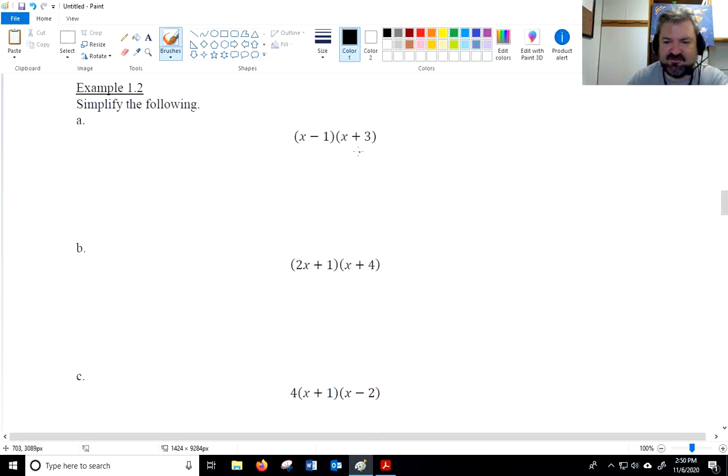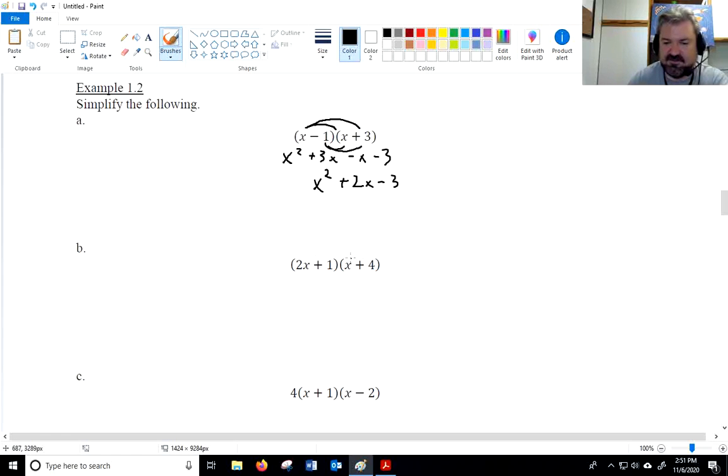All right, I have x minus 1 times x plus 3. That would be x squared for the first one. Then x times 3 for the next one, so plus 3x. Then minus 1x and minus 3. Combining like terms gives me x squared plus 2x minus 3.